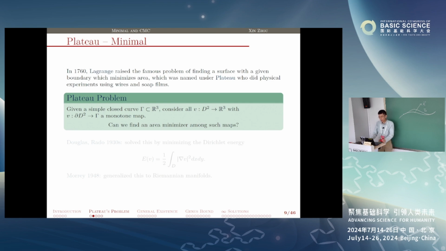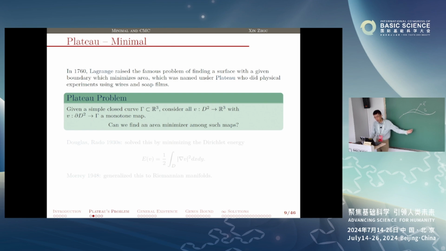Let's start with the minimal surface part of the Plateau problem. In the 1760s, Lagrange raised the famous problem of finding a surface with a given boundary which minimizes the area. This problem was later named after Plateau, who did physical experiments using wires and soap films.